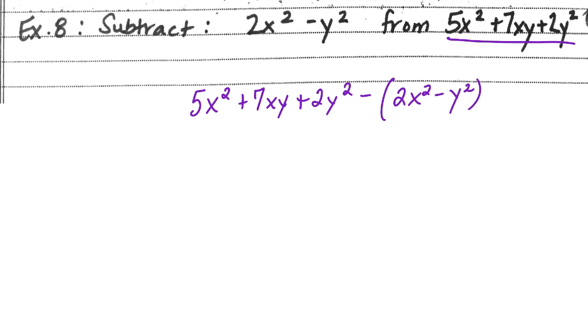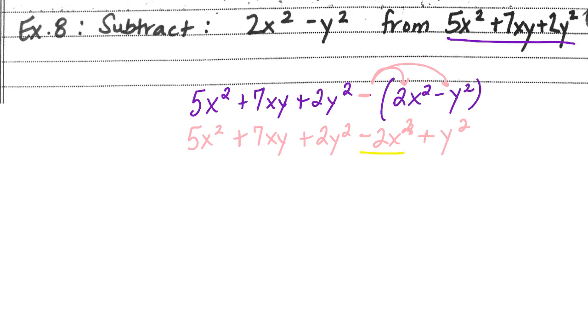So what do you suppose I have to do with this negative right here? Good. I have to distribute it to here and to here. I'm going to take the time to rewrite everything. So I have a minus 2x squared and a plus y squared.